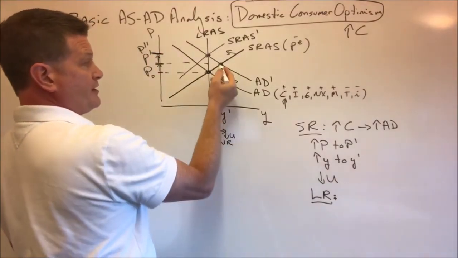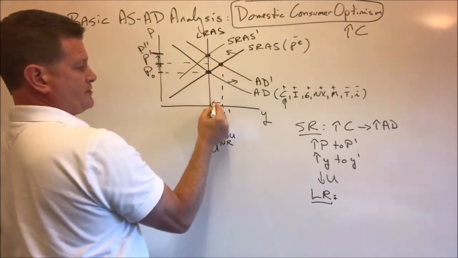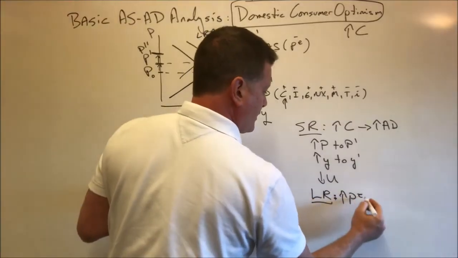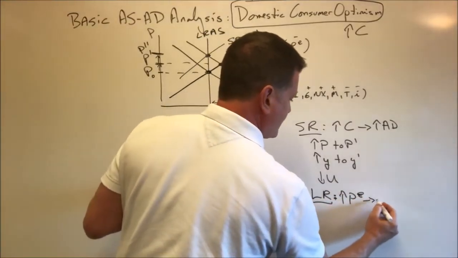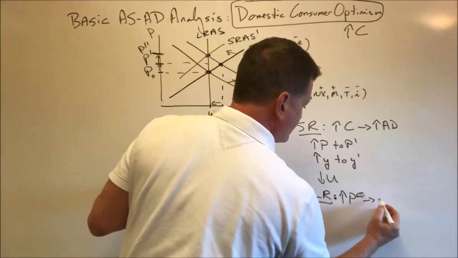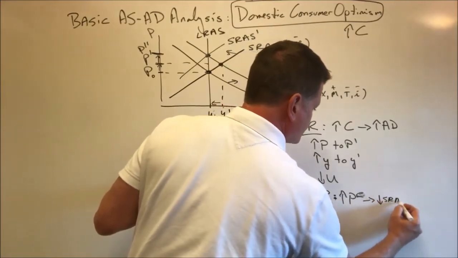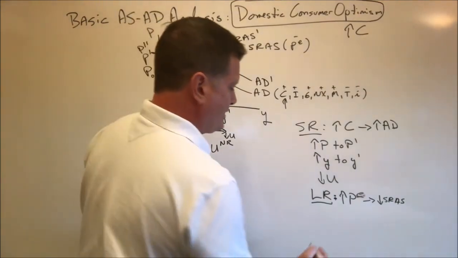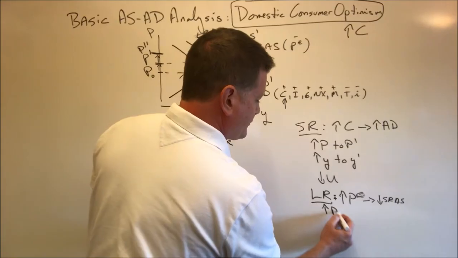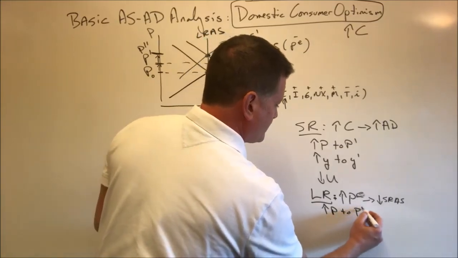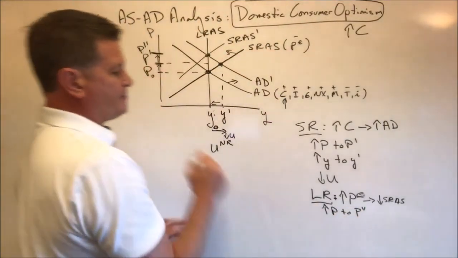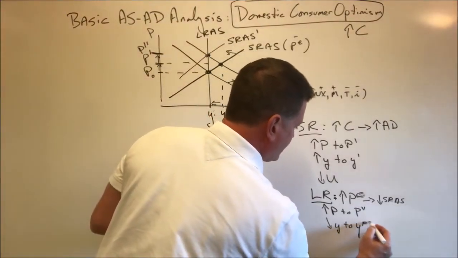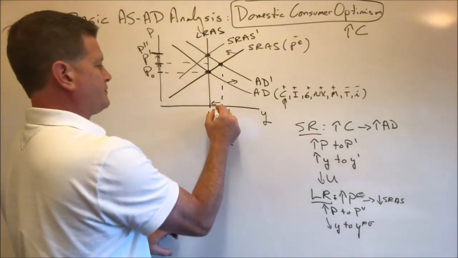And now output did what? It fell back to its old level. So in the long run, there were higher price expectations, and that decreased short-run aggregate supply. That decrease in short-run aggregate supply raised the price level further to P double prime, lowered output back to its full employment level, right?